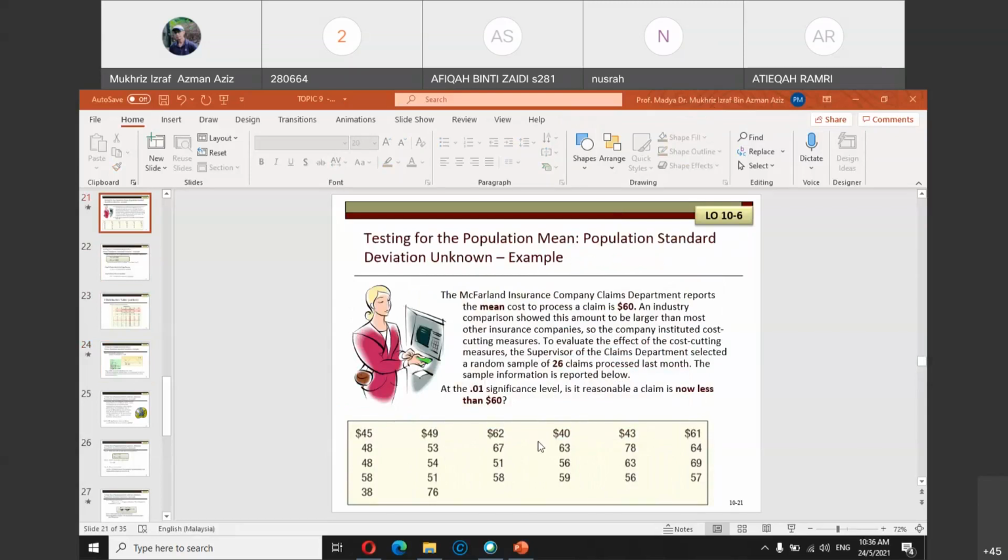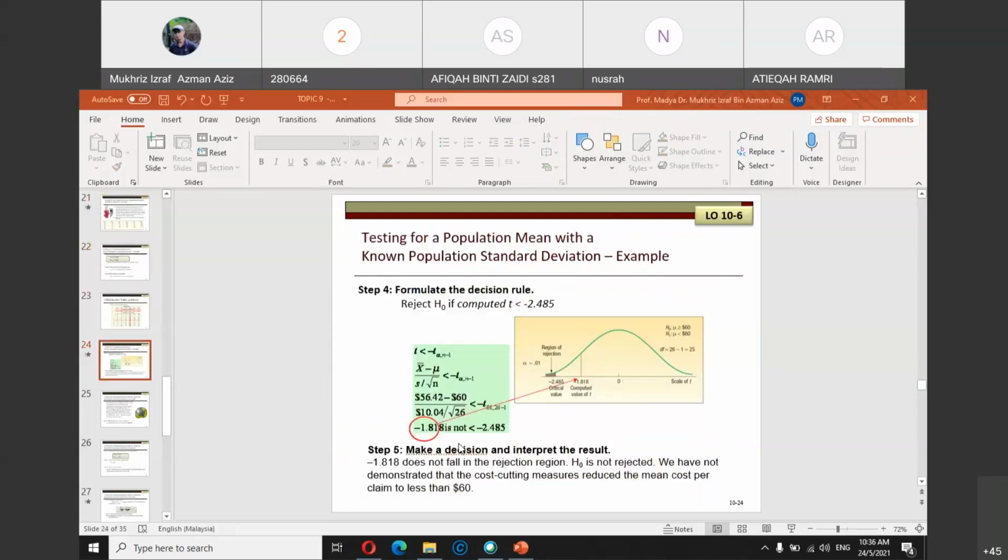It's your duty to use your calculator or the online calculator. Make sure that you calculate using the sample standard deviation, not the population standard deviation. Key in this data, and you should be able to determine that the mean x bar will be 56.42 and the sample standard deviation will be 10.04.